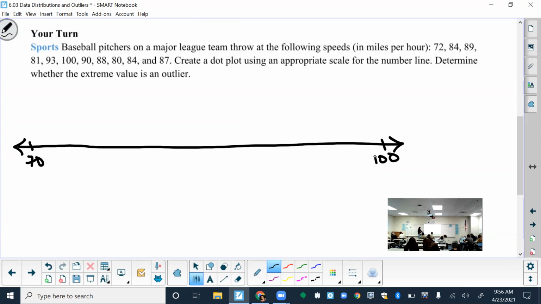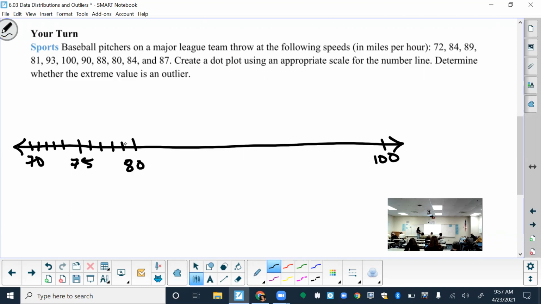If we were making a dot plot, we want to show all the dots. So what I would do is go up by 1, but I'd probably only label every 5th one, if that makes sense. So we'll do 70 and 71, 74, 75, 6, 7, 8, 9, 80, and then just keep going like that.